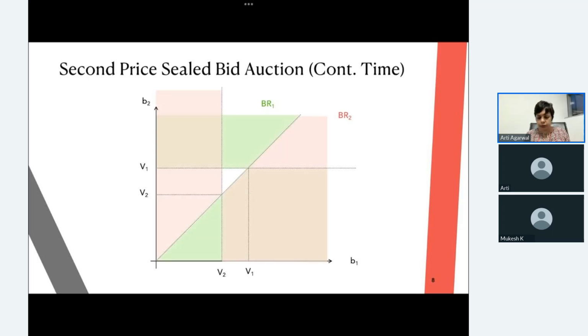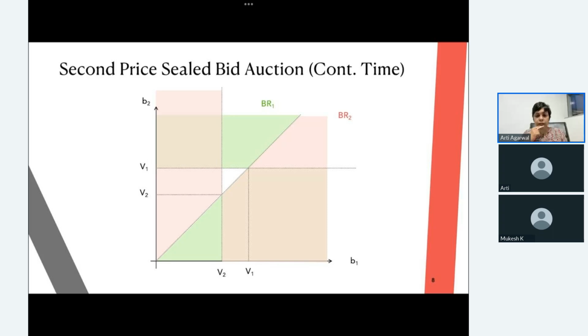Let me explain it here itself. The green regions are the best response of 1, and the pink regions are the best response of 2. So it's what I just shaded. You can see this green region, this lower part is what I just shaded, and the upper part is what I was still shading while we were talking.